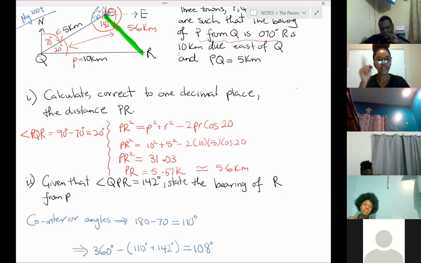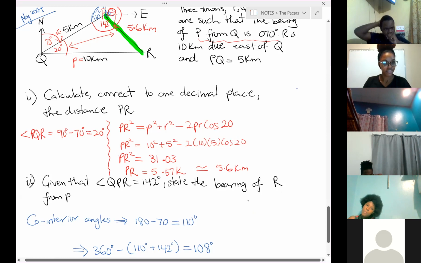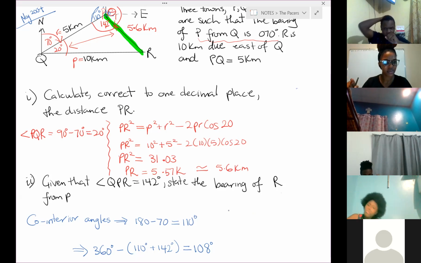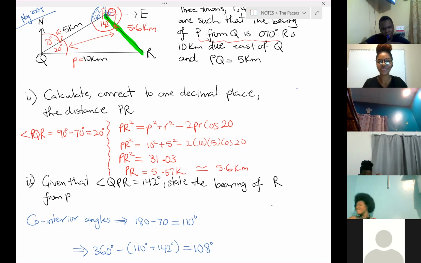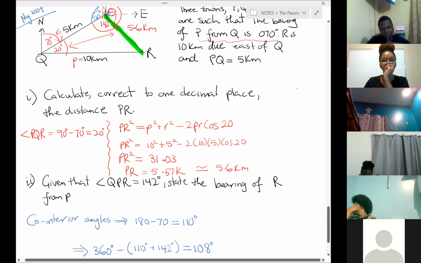But good eye, I love when you all are thinking and seeing different ways. It helps a lot in different questions. We have the 108, which is theta 1. But remember, we want the bearing. Oh yeah, that's the answer. Yeah, the bearing from where? R from P. Yeah, that's the bearing. So 108. Yeah, we're finished. I thought it was like the bearing to Q, but it's the R. All right, we're good?